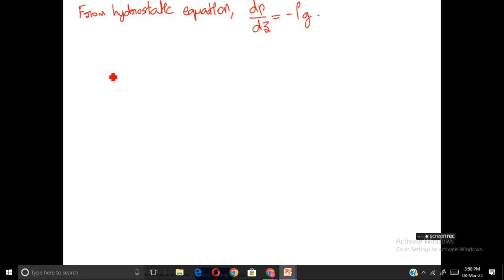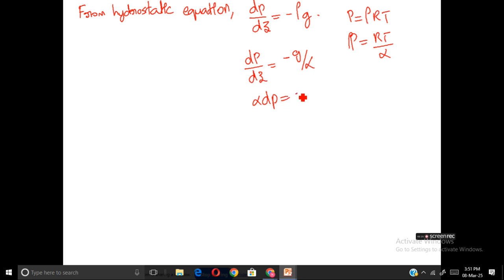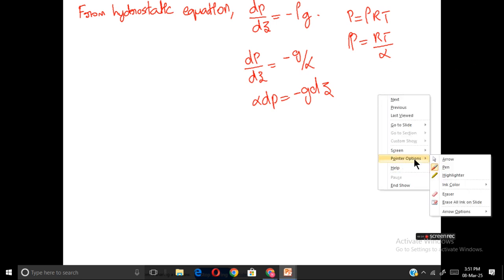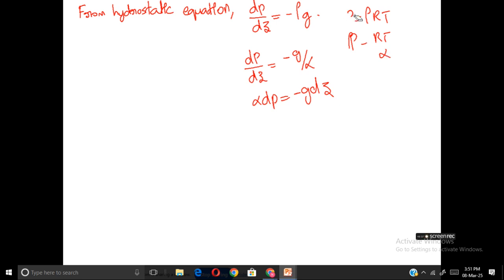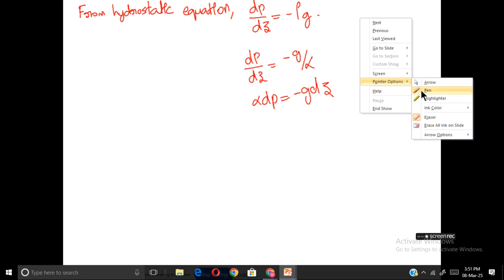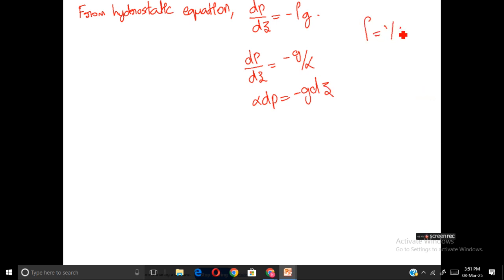Rho is basically 1 by alpha, since p is equal to rho RT.